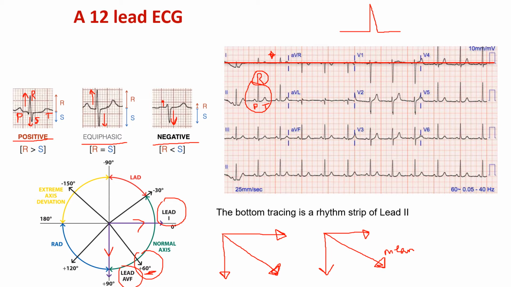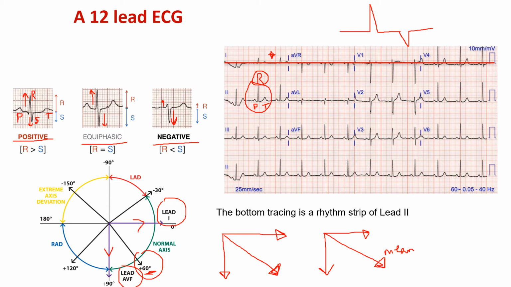They're equal. If you see a downward deflection, meaning that you are moving away from the positive electrode, you are headed away from the positive electrode, and so therefore you get a negative deflection.